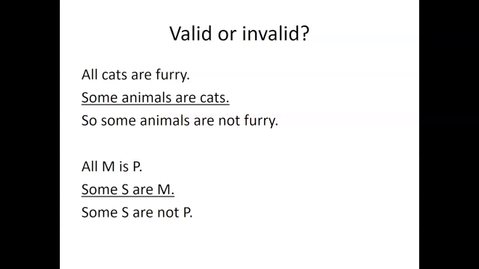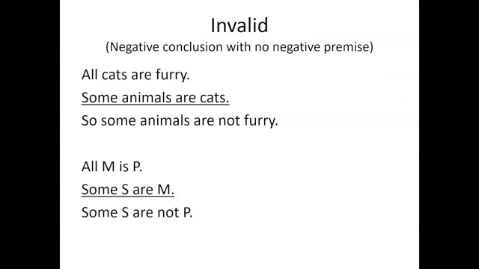So remember that rule was that if the conclusion is negative, there must be at least one negative premise. Or if one of the premises are negative, then the conclusion must be negative. Here we have a negative conclusion, but no negative premise, so it breaks that rule. Right? It's invalid for the reason of having a negative conclusion with no negative premise.